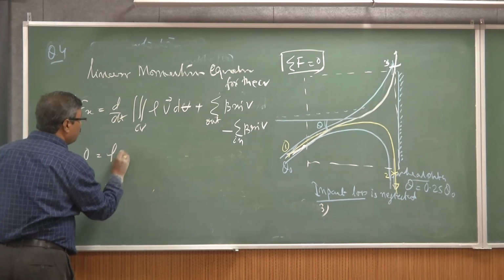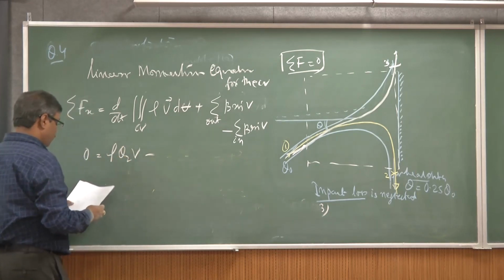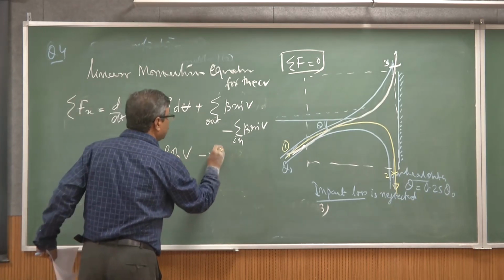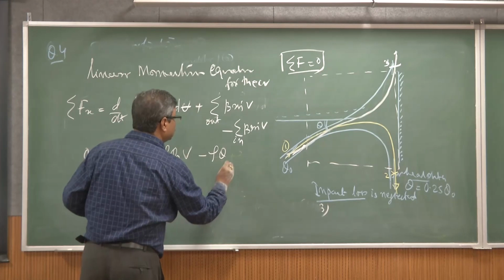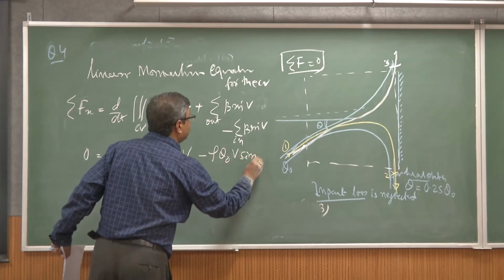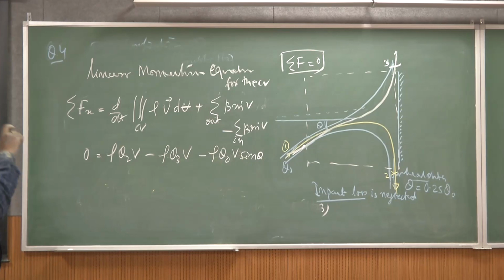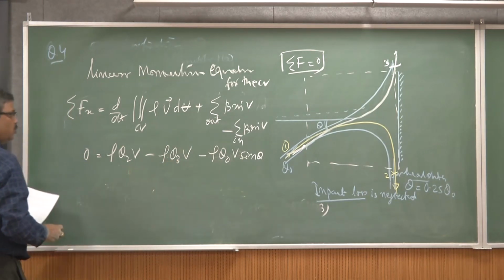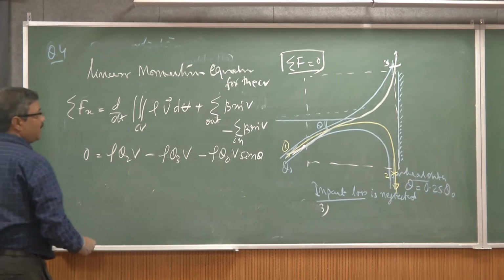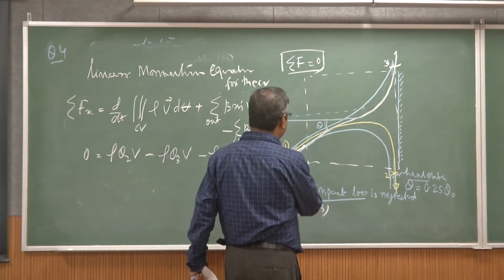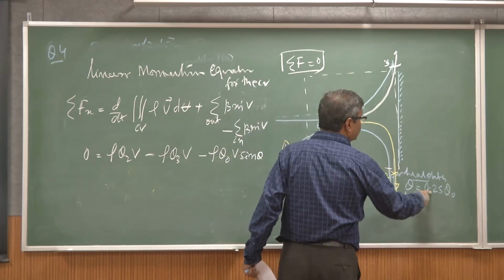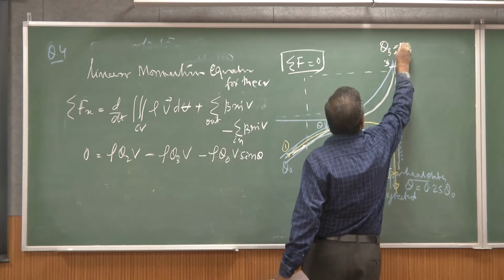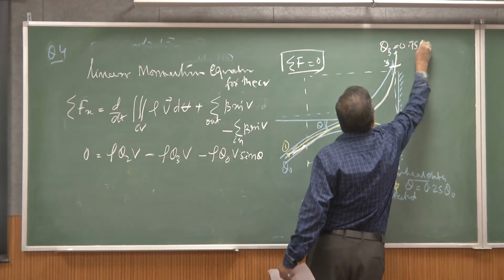If I put it, rho q2 v minus rho q3 v minus rho q naught v sine theta, and substitute the q2, q3 and q naught: if q naught flow is coming in, q2 is 0.25 q naught, and from the continuity equation q3 is equal to 0.75 q naught.